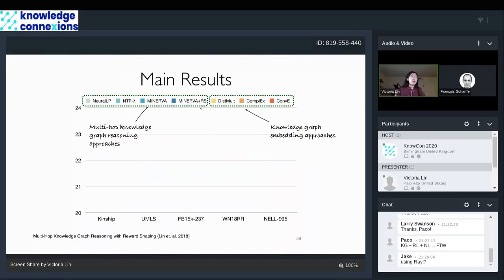One group is multi-hop knowledge graph reasoning approaches. This covers, for example, the path ranking algorithms we surveyed before, and also algorithms from other multi-hop reasoning families which we didn't talk about here, for example, neural logic programming and others.